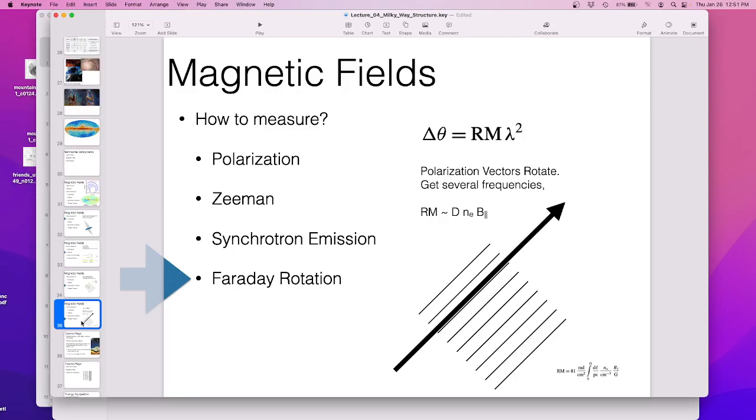So the electric field pushes it up, the magnetic field pushes it to the right, so you get something that looks like this. And then it comes back down this way, so it rotates the polarization vector. My polarization vector comes in like this, but then I got all these electrons that are going like this, so my polarization vector of my resulting photon rotates.